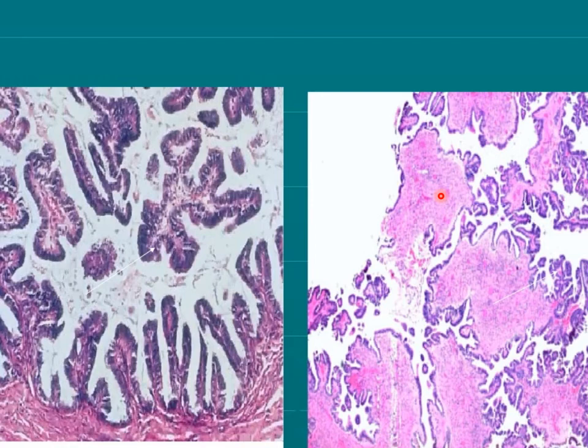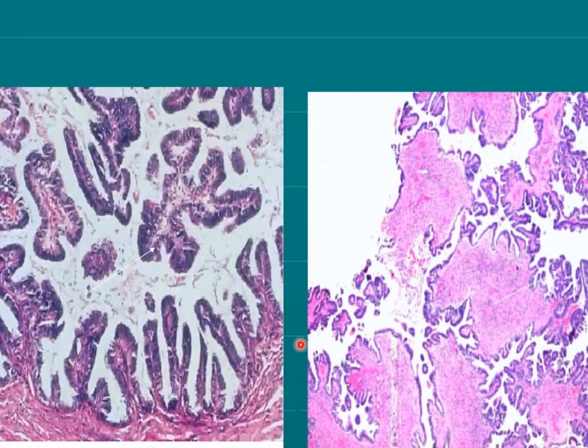The difference between a benign ovarian tumor and a borderline ovarian tumor is that the borderline tumor shows stratification of the epithelial cells. What do we mean by stratification? Stratification means that the number of layers of the epithelial cells increases, that we say multi-layering.